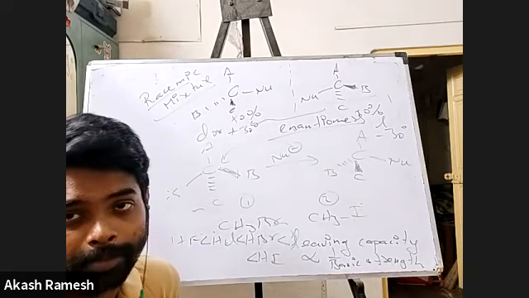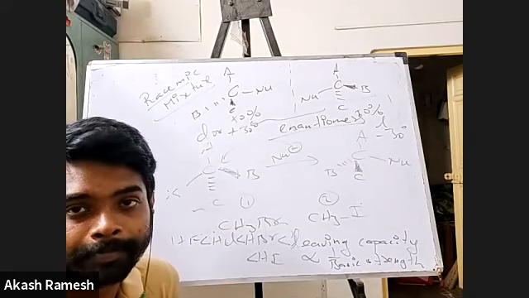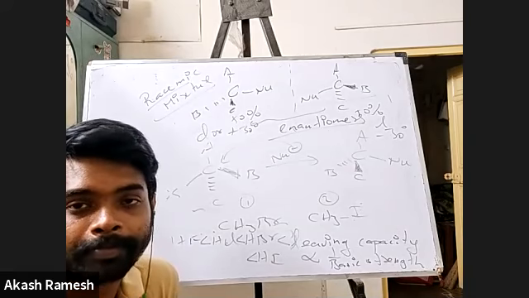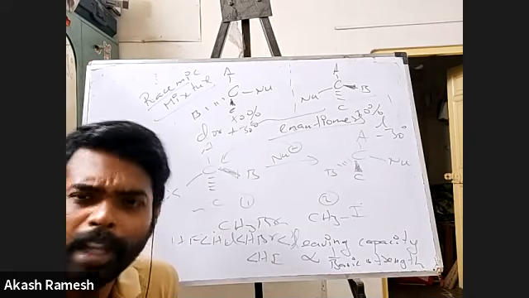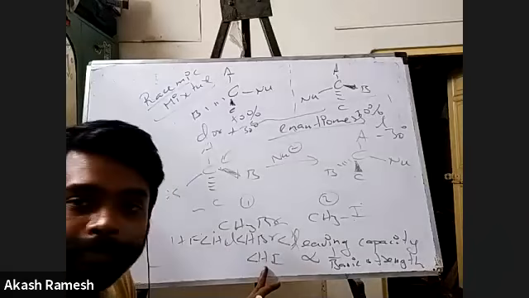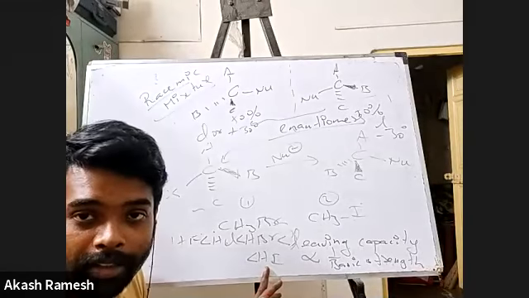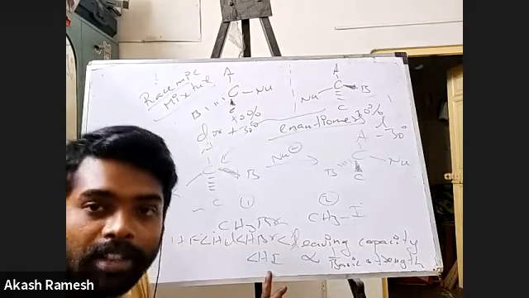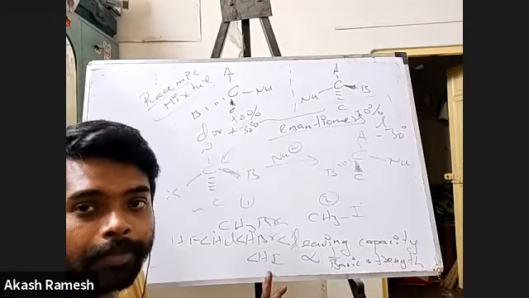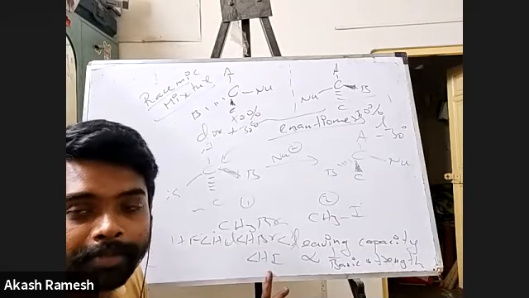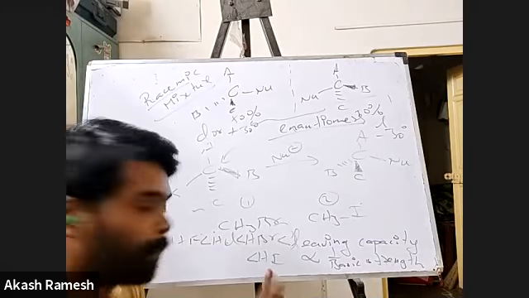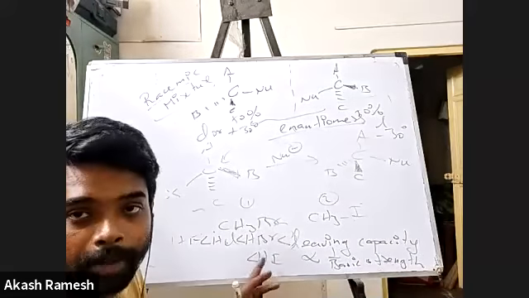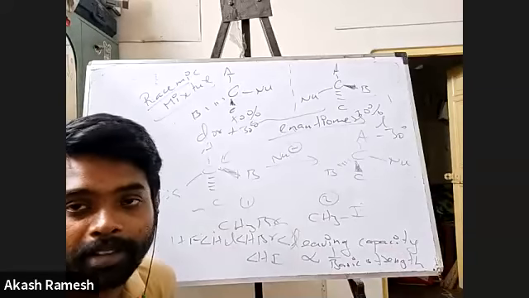Think, right? HI is the strongest acid. Okay, stability decreases. Why does stability decrease? Obviously, because HI is the least stable, and that's why H plus can come out easily.